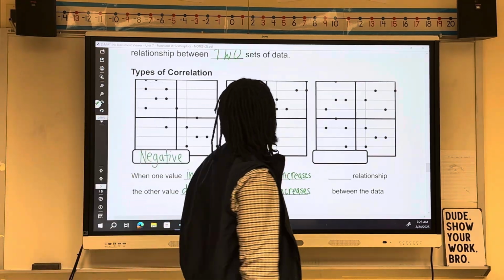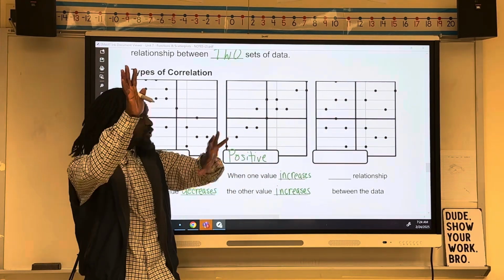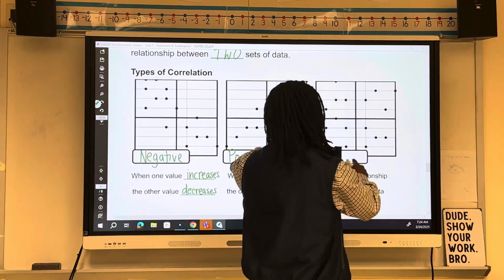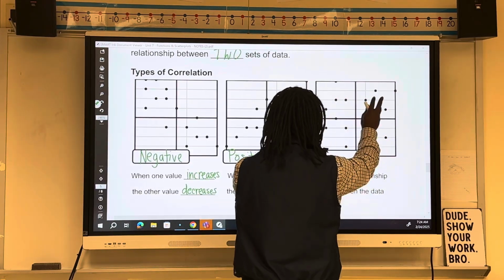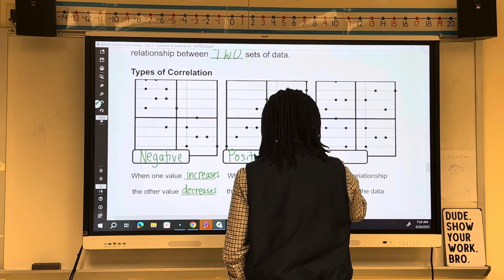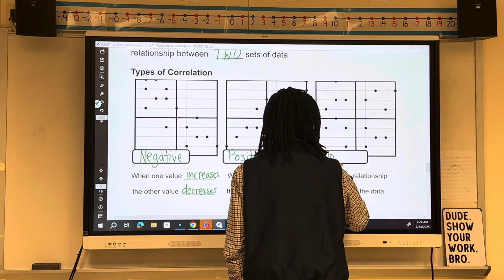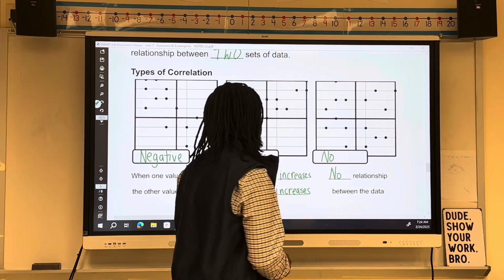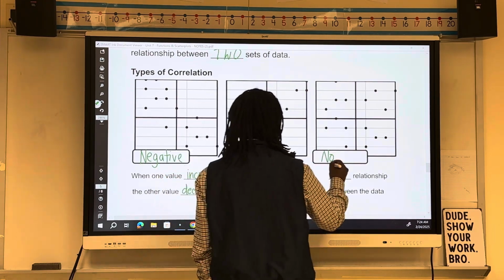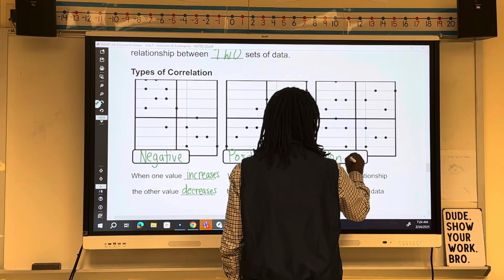And then lastly, you have points just kind of all scattered about. You have about the same number of points in each section, and this shows no correlation. There's none, okay? And so there is no relationship between the data. I think it's either no or none.